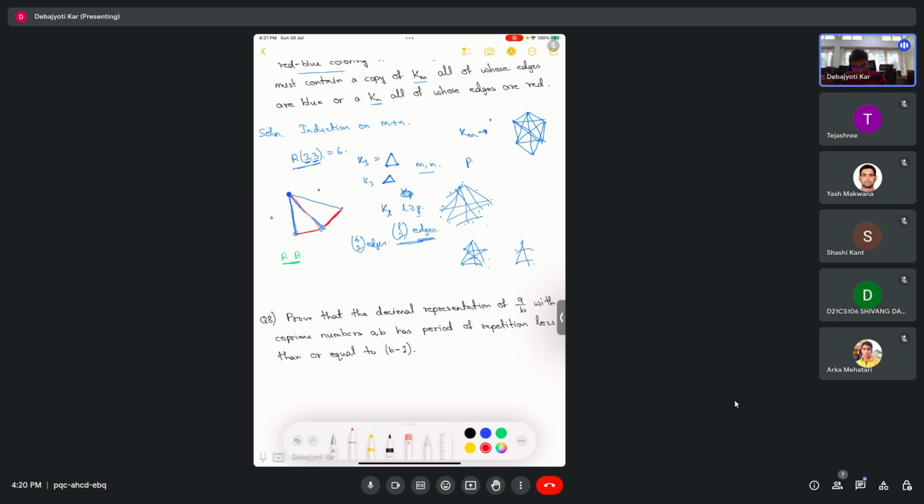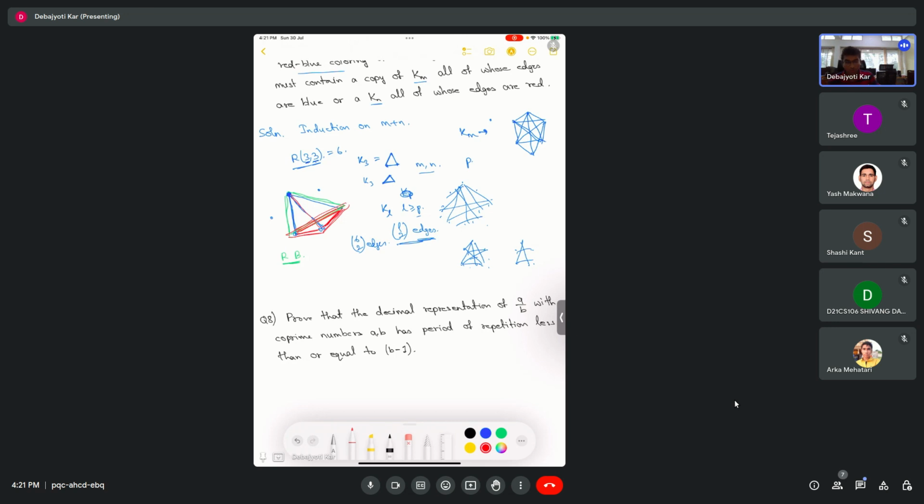Now consider this particular edge. If this green dotted edge was blue, then we already have a blue triangle, this triangle, right? Otherwise, if this green edge was red, in this case we have a red triangle, this.